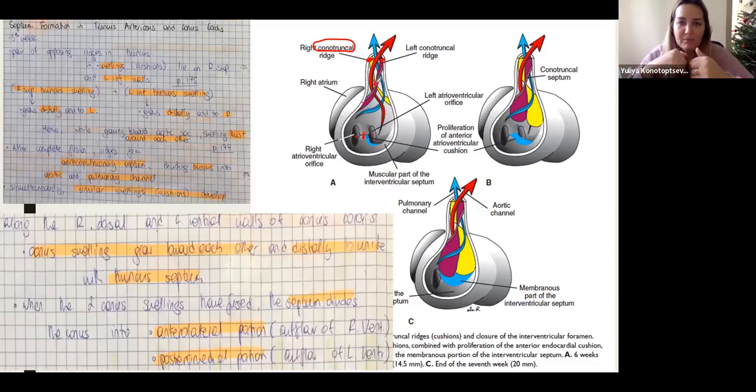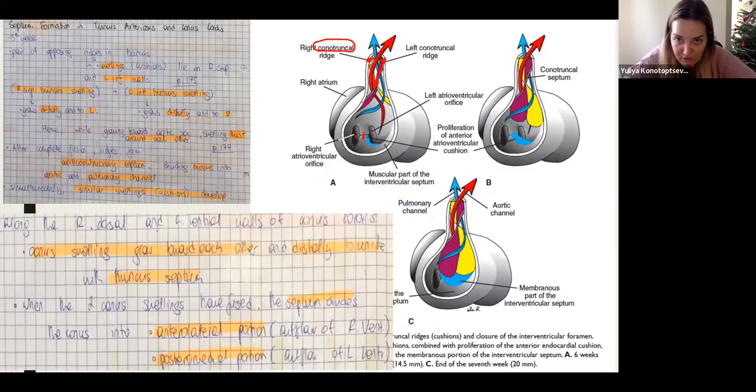where they meet up? Can you imagine that if I have a right superior growing left inferior, it's growing this way, and I have left superior growing downwards, right inferior. If 2 of them are growing in the opposite direction, there comes a moment where they will meet up. And if they simply fuse like this, they completely obstruct the outflow.